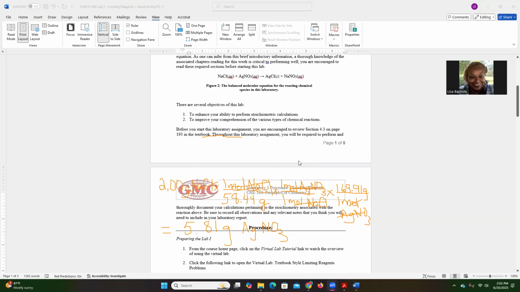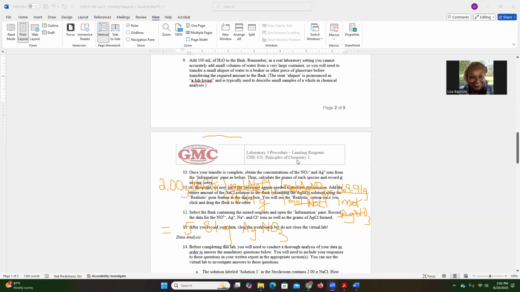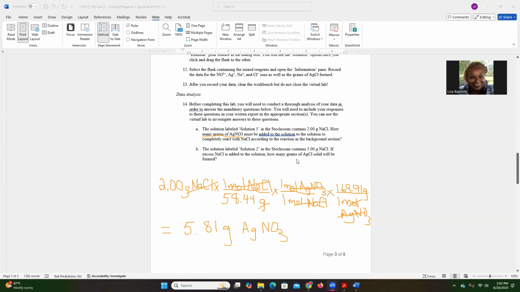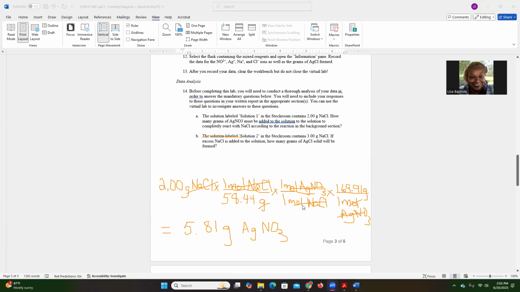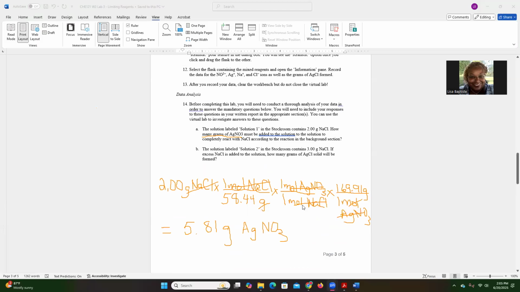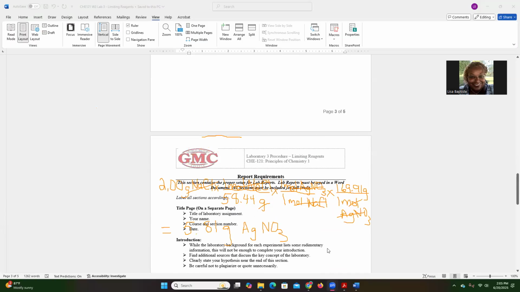And so you always want to look at your limiting reagent to tell you which one is going to produce the silver chloride, because you can only produce as much as your limiting reagent will allow. Okay, so I just want to give you a quick hint on how to solve that problem. All right. But if you have questions, let me know.